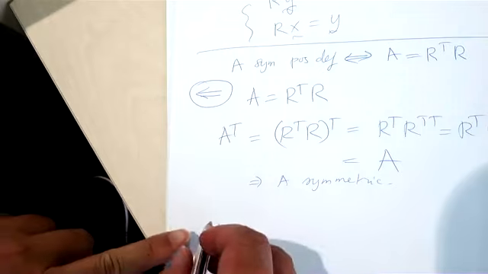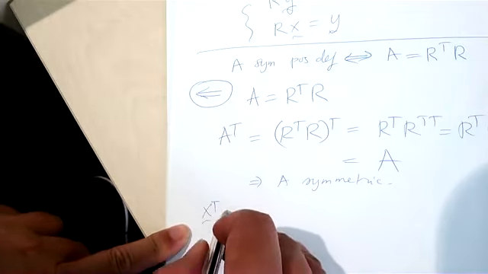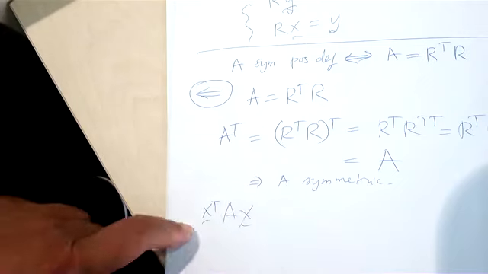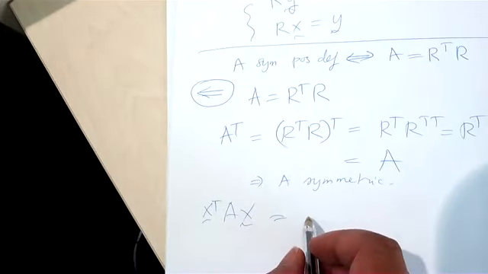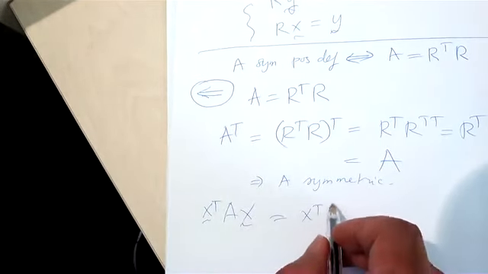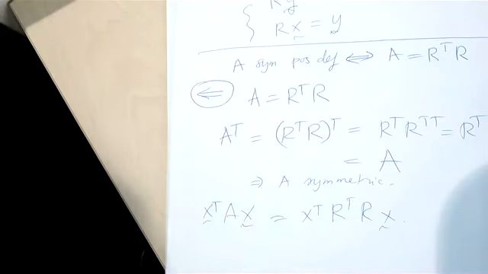Now if I take x transpose A x, which is the definition of positive definite, this is just equal to x transpose R transpose R x.